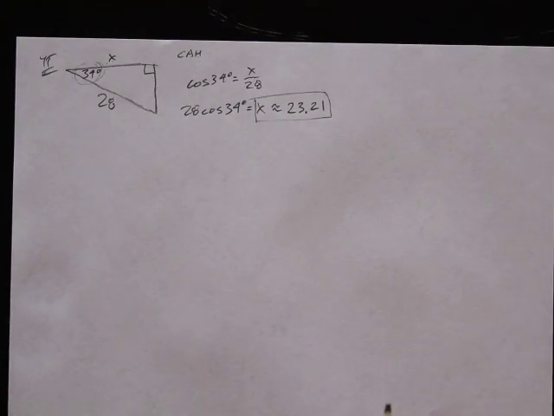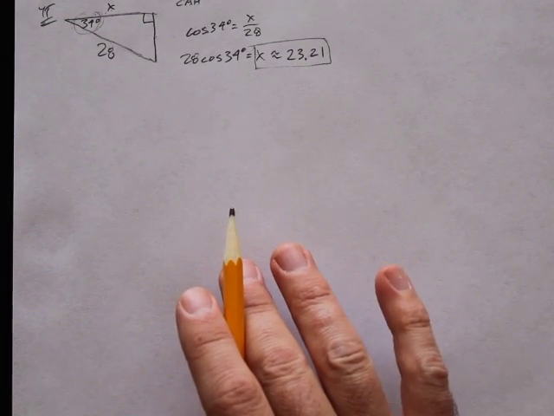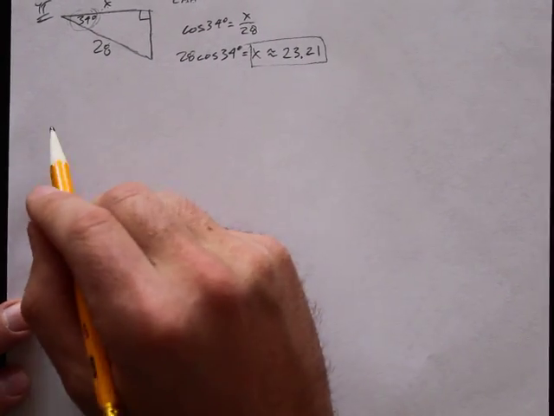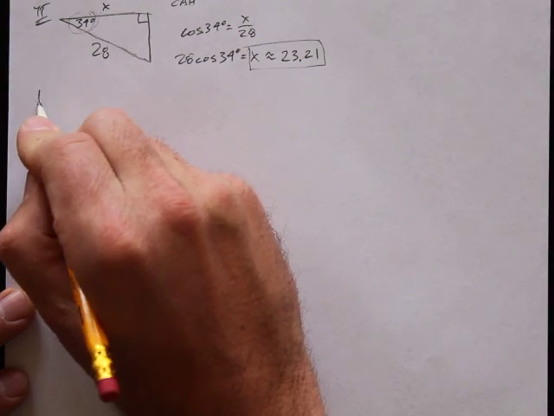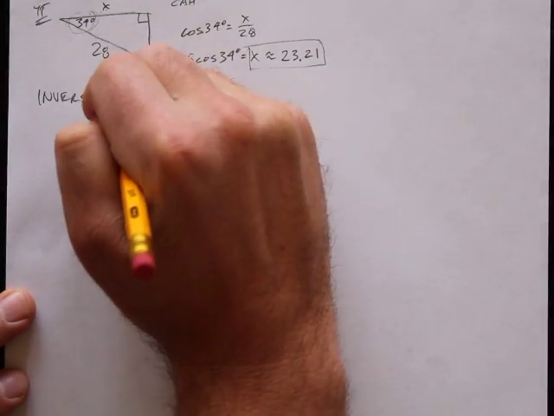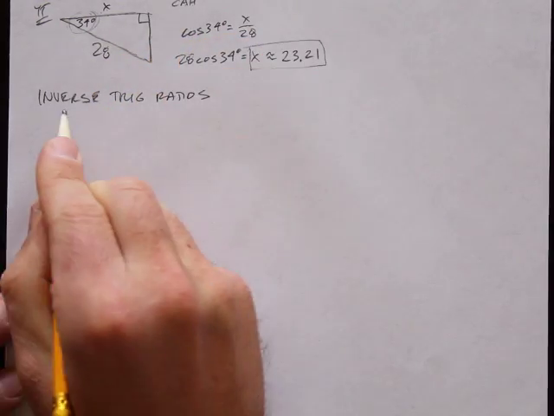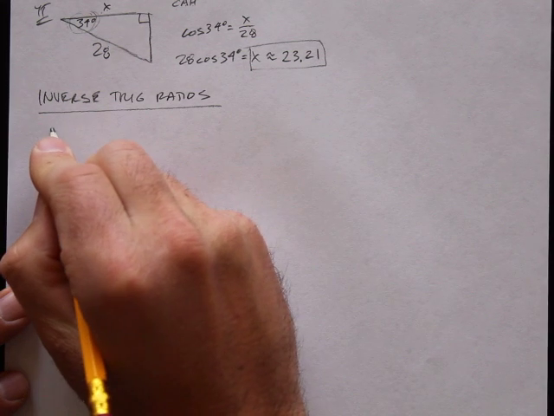All right, now we're going to do a bit more notes and we'll be done with this section 8-4. Inverse trig ratios. Now inverse trig ratios are cool because they look like this.